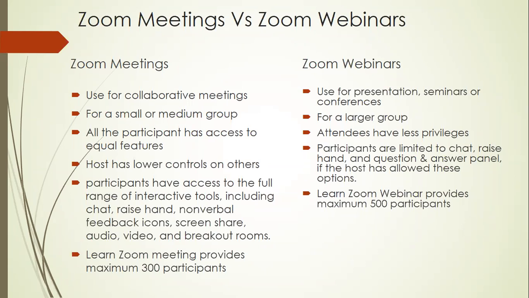Especially the participants have limited privilege, and only the host or panelist have higher privilege in a Zoom webinar. The maximum number of participants in a Zoom webinar with the license we get from Learn is only 500.